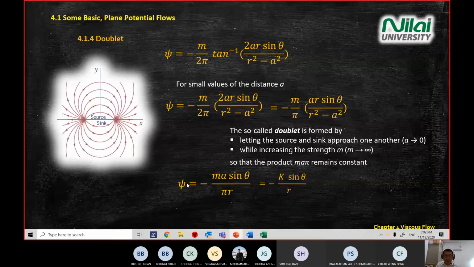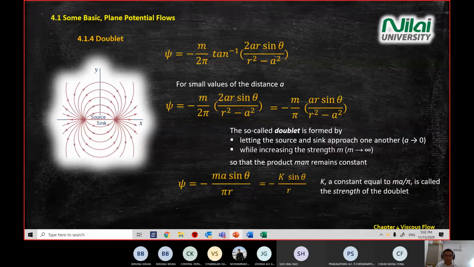So this represents a relationship between the stream function, the angle and r. I think this one is a typo error, the divide sign is missing here.